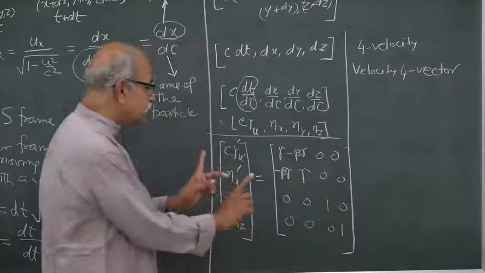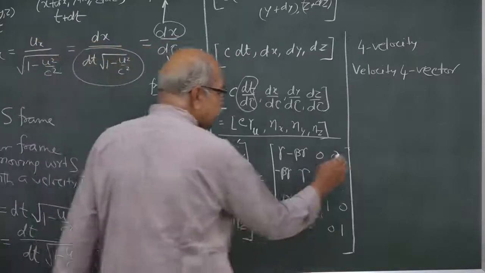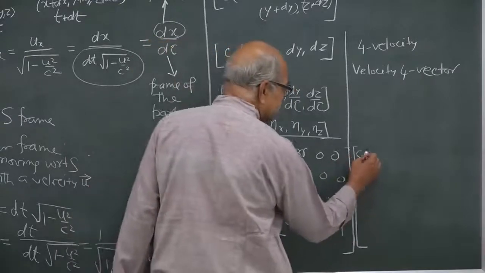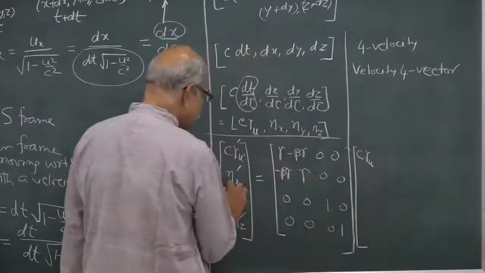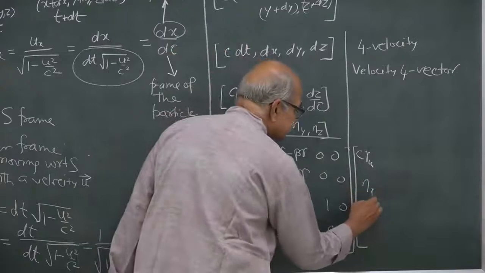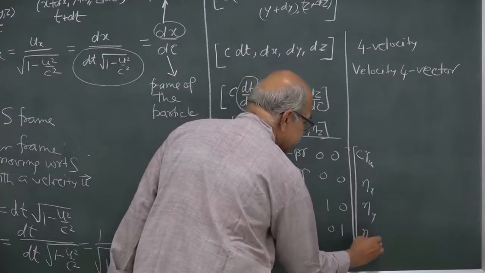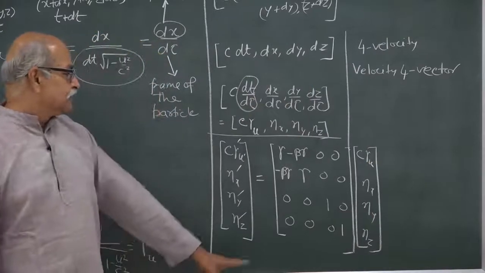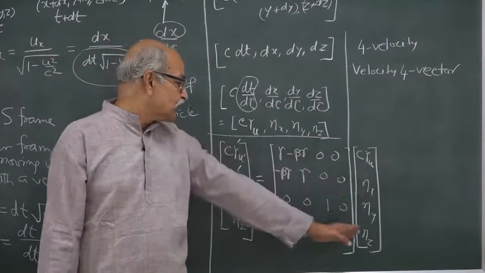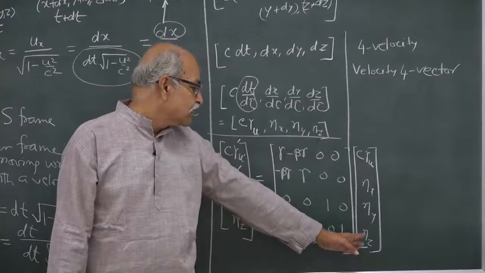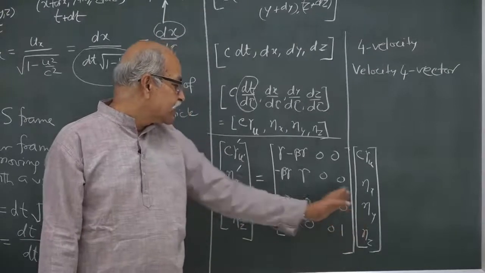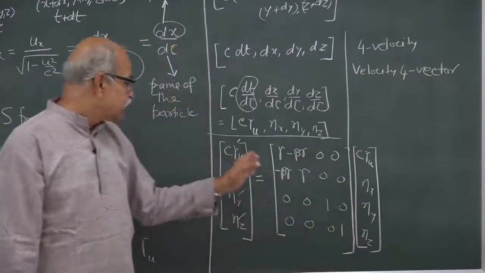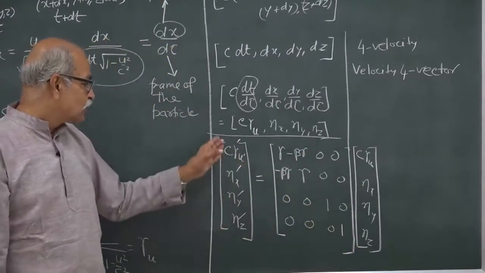This is your Lorentz transformation matrix, and then here you write the quantities in the S frame: c times gamma u, and then eta x, eta y, and eta z. So, this will be the transformation of this 4 velocity 4 vector when you go from S to S prime. In S you have these components, and in S prime you have these components.